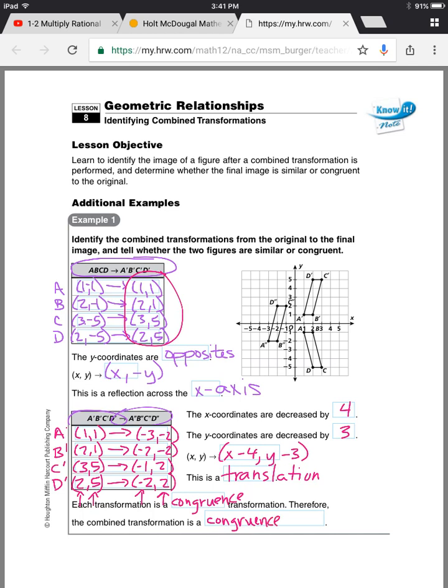And you know they're a congruence transformation because if you were to take these coordinates and graph them, you would get this picture here. And if you were to take these coordinates and graph them, you would get this picture here. You don't have to add all those circles.